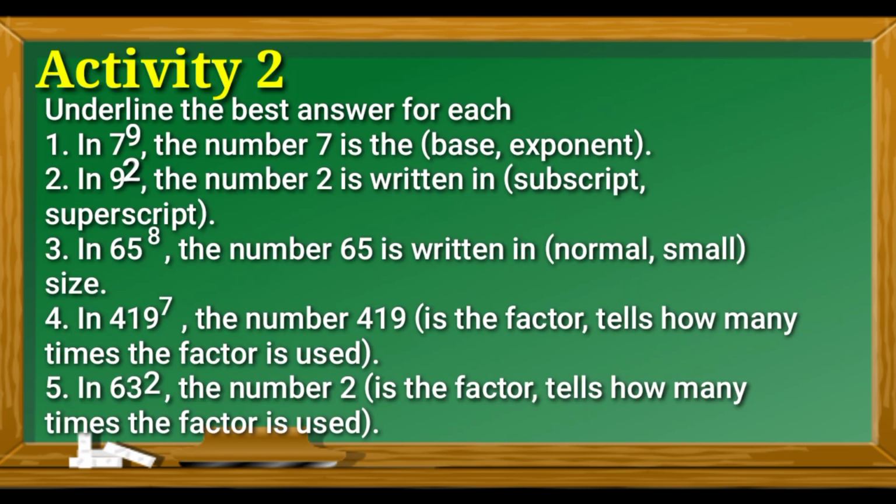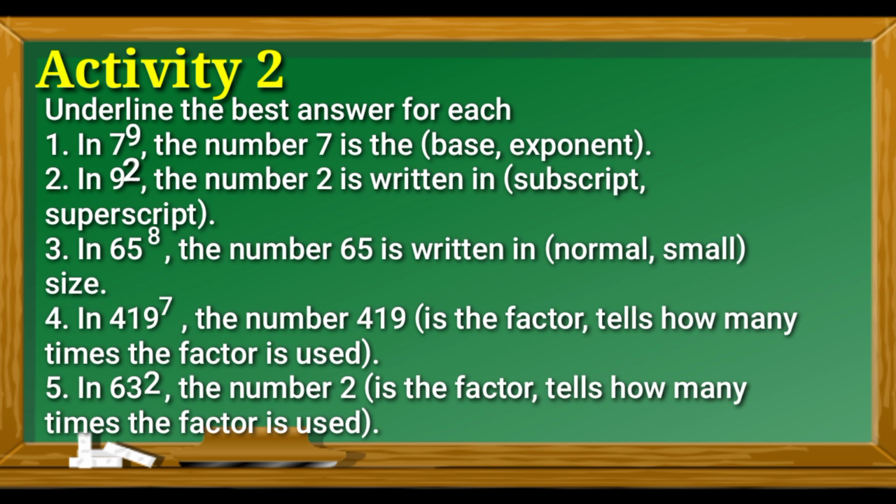Activity number 2. Underline the best answer for each. 1. In 7 to the ninth power, the number 7 is the base, exponent. 2. In 9 to the second power, the number 2 is written in subscript, superscript. Number 3. In 65 to the 8th power, the number 65 is written in normal, small size. Number 4.